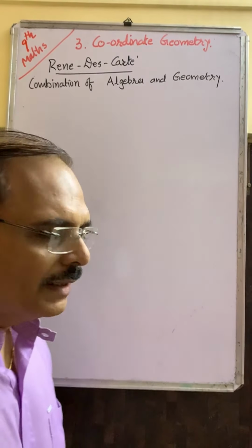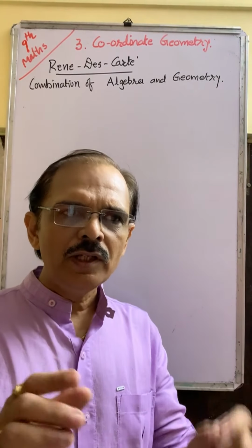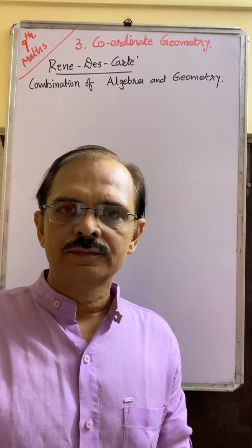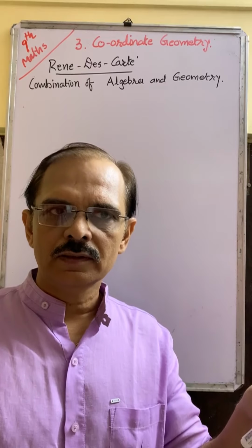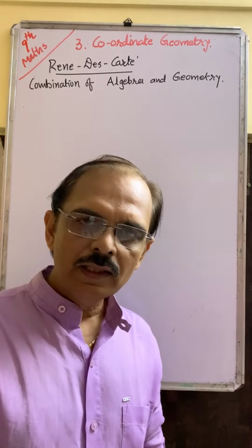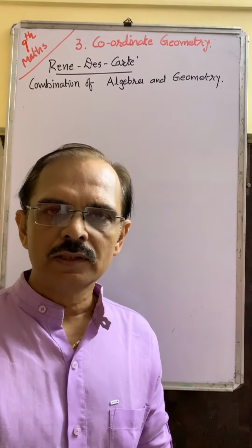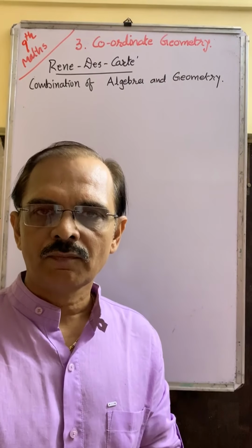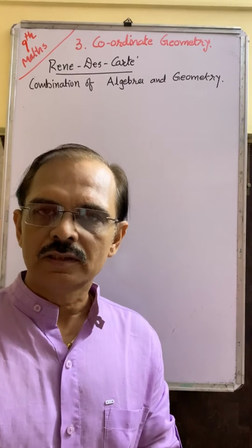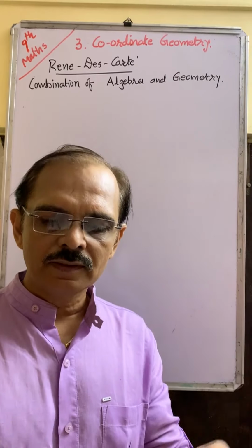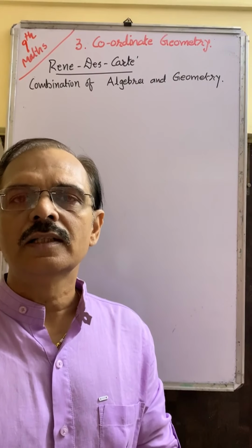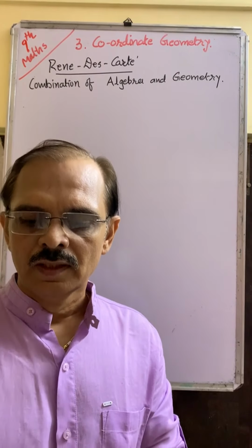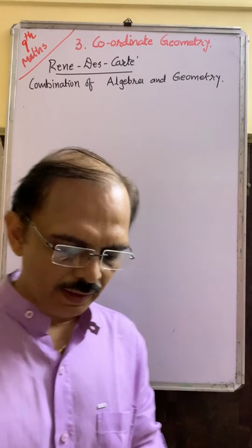See, what is this Cartesian system? When we draw a horizontal line containing real numbers and then draw a vertical line containing other real numbers in a plane, they intersect with each other, that you know. So this system is known as Cartesian system, and the plane is known as Cartesian plane.